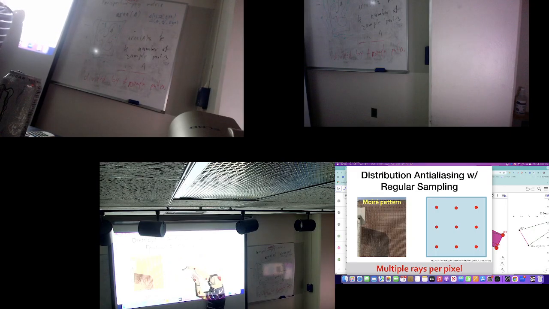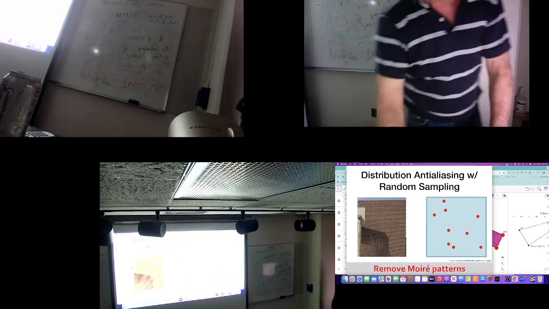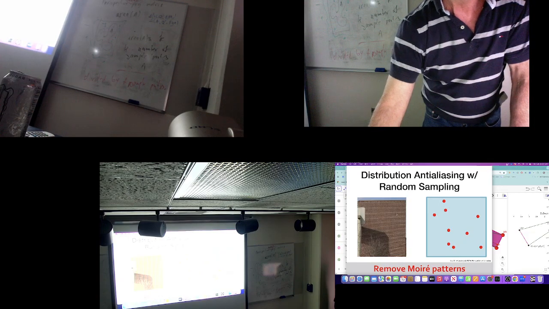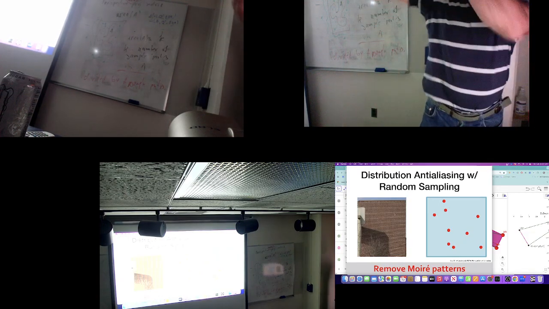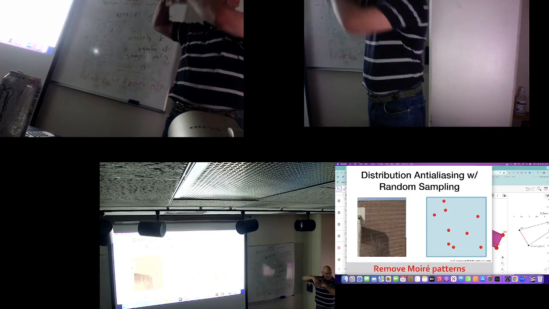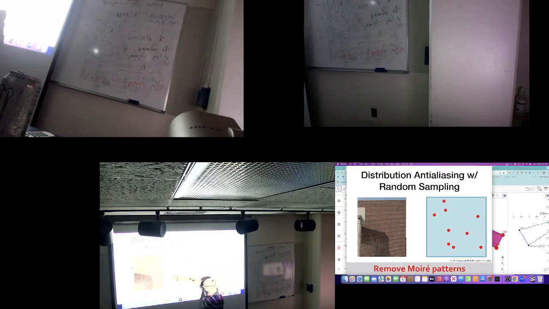Because of the frequencies of changing from white to orange in the wall that you see over here: sometimes I'm sampling exactly at the white gaps between the bricks, and sometimes I'm avoiding the white samples altogether, depending on where I sampled.